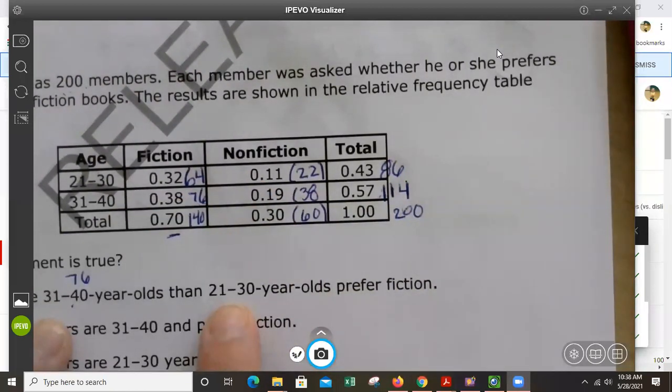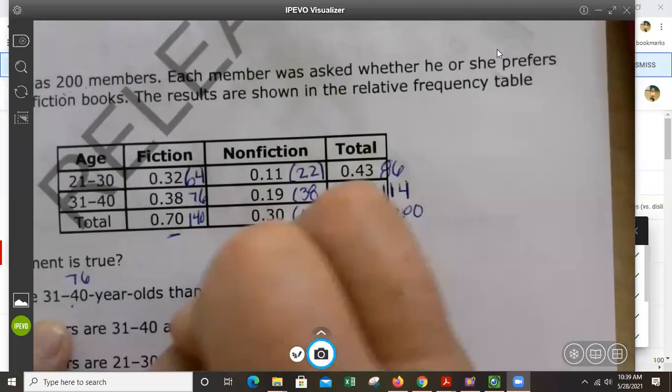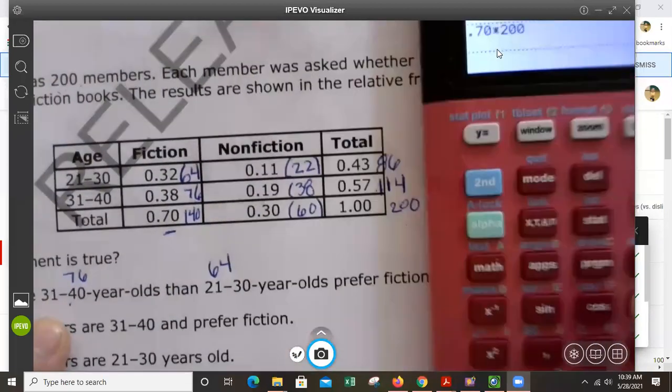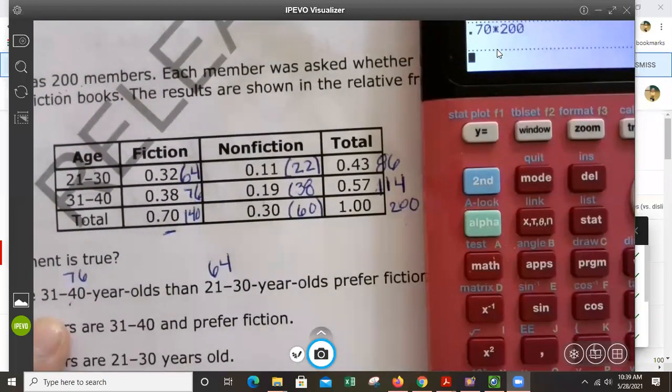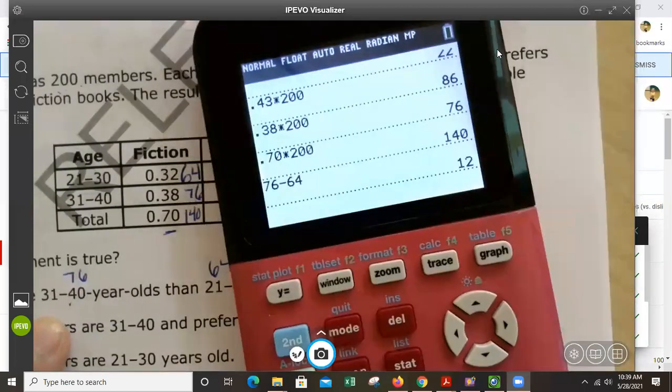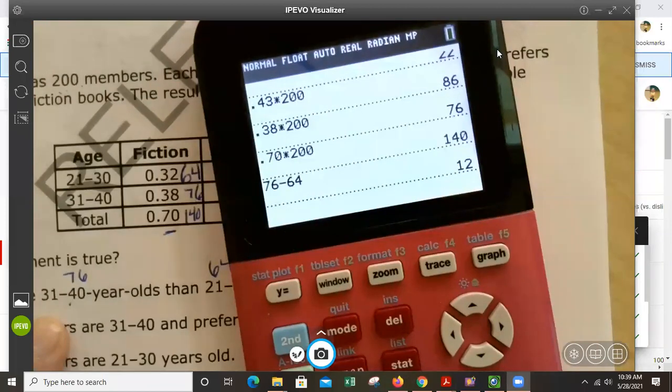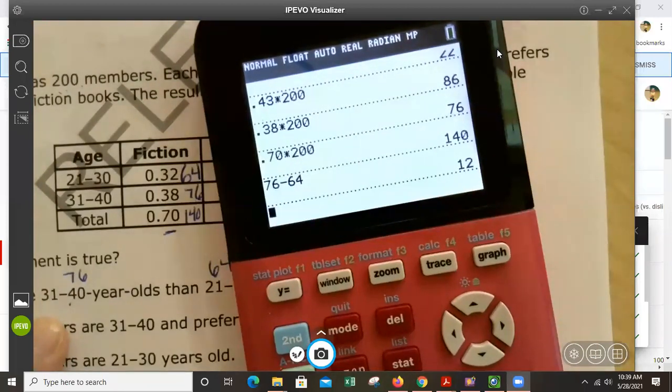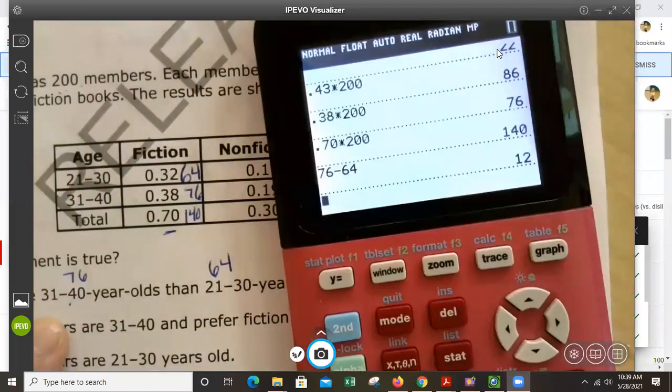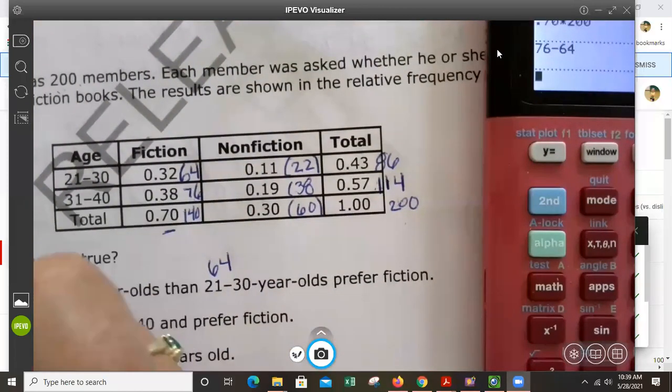All right, and 21 to 30? 64. So let's figure out the difference between those. Is that true? Is 6 more? No, so that one can't be right.